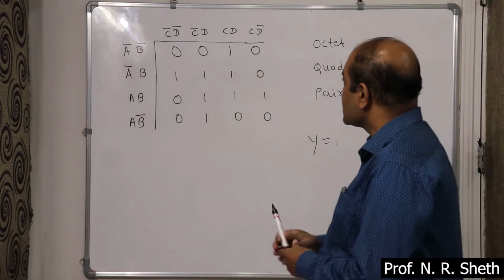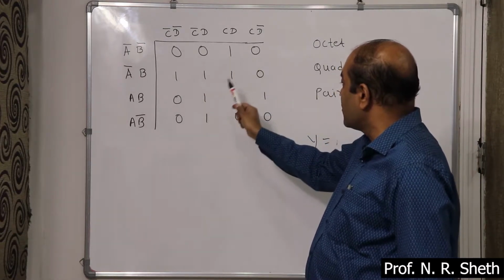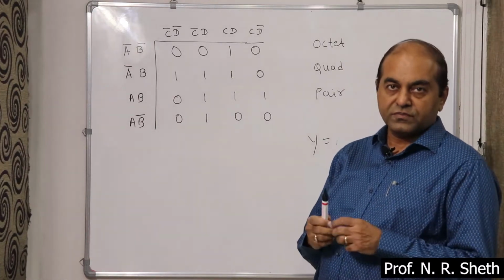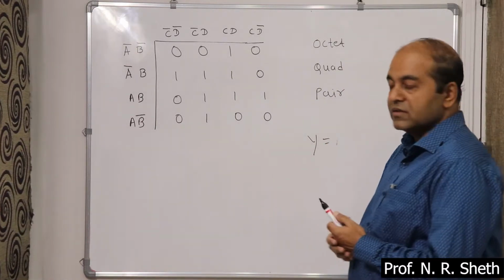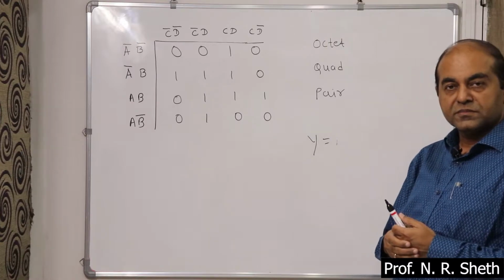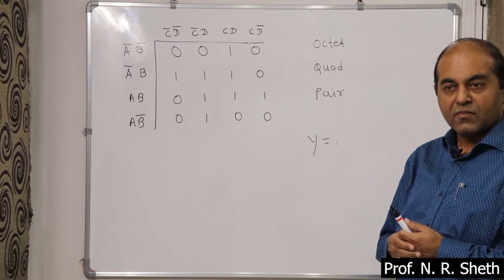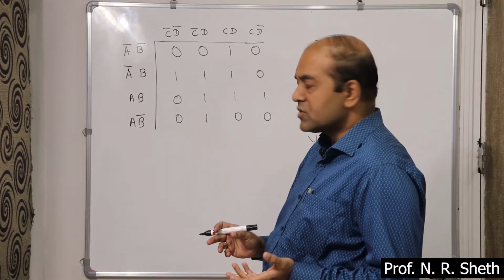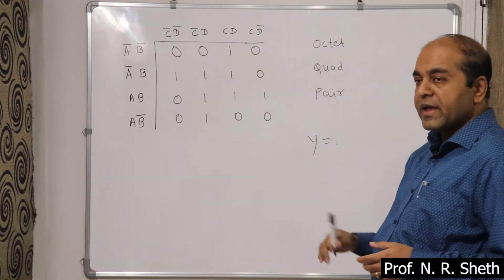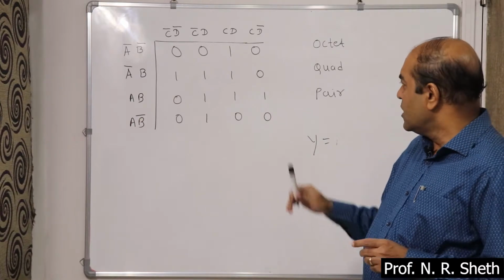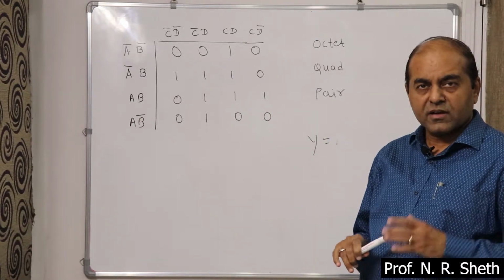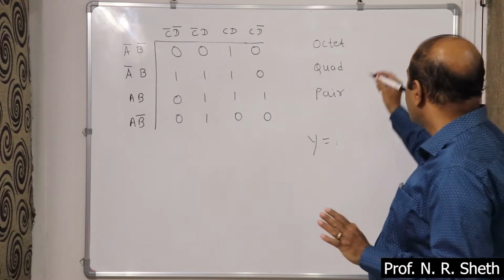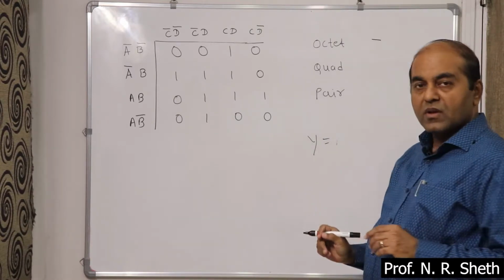Eight entries are high, 1, 2, 3, 4, 5, 6, 7 and 8, and 8 entries are low. Design this. So our first target is to obtain an octet. 8 adjacent ones are needed, either horizontal or vertical, so it's not there. So octet is 0.